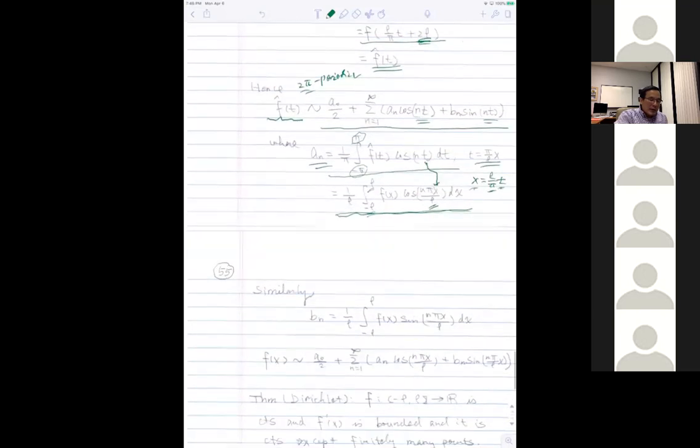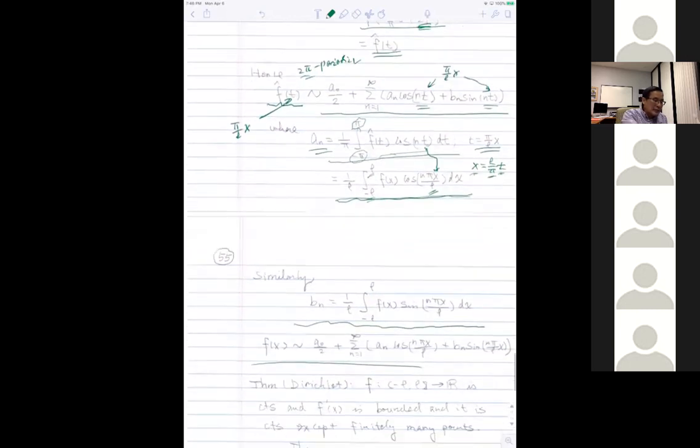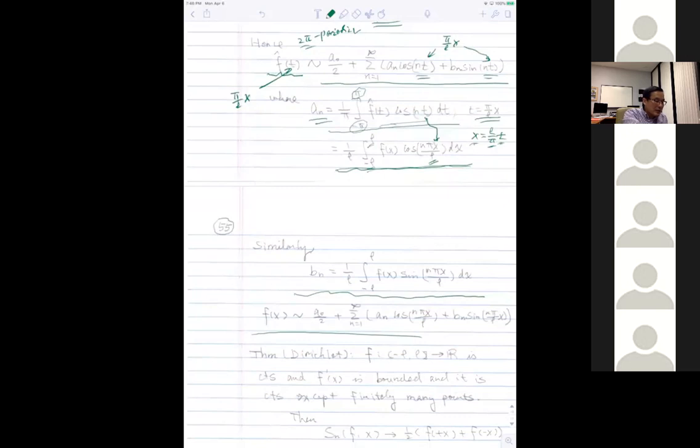Likewise, the b_n are calculated by this formula using our old formula, but with a substitution. Just in summary, when you have a 2L periodic function, you replace the t by π over L times x, and then this formula becomes this formula.